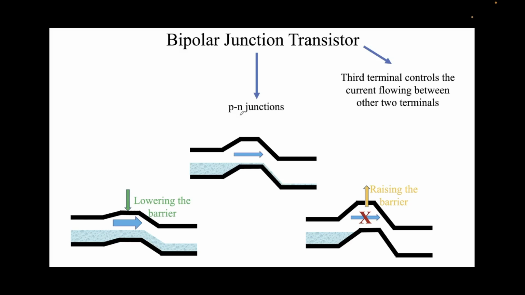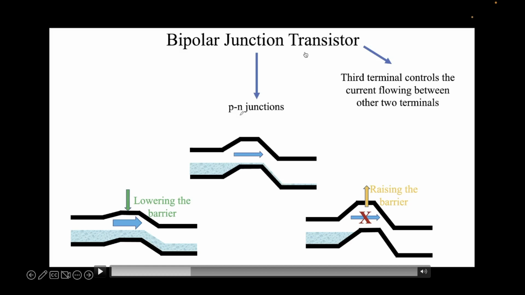The most common form of FETs are MOSFETs, metal oxide semiconductor field effect transistor. So there again the term transistor comes. As I explained here, the term transistor means a third terminal will control the current flowing between the two other terminals. Just by lowering the barrier or raising the barrier, we are able to control the current that is flowing between the left and right terminal.